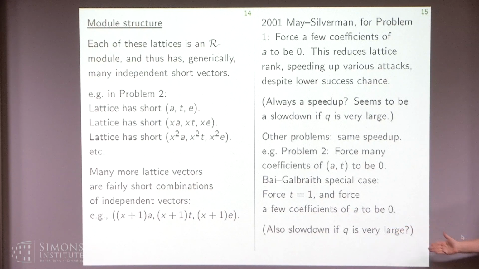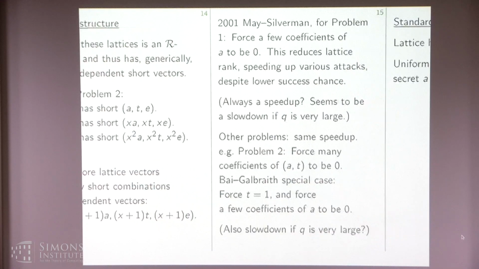So again, same question, is this always faster? Definitely, it looks like if the Q gets large, there's another question to answer. But Bi Galbraith naturally fits into the system, basically as a specialization of May Silverman's idea.